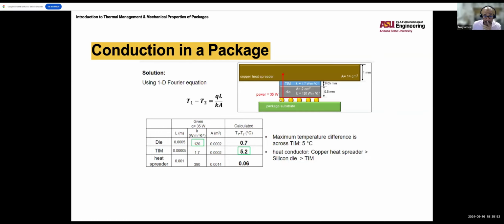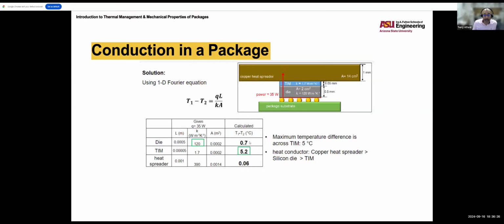across each solid. So first, we look at the die. We have L, 0.0005, Q 35 watts, K 120 watts per meter per Kelvin, and then the area, 0.002 square meters.